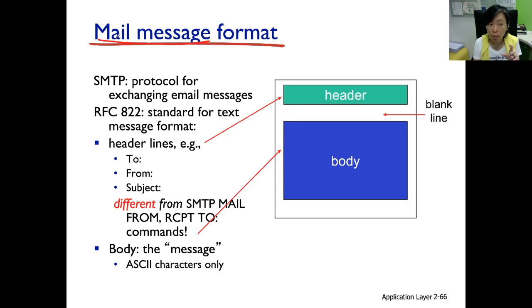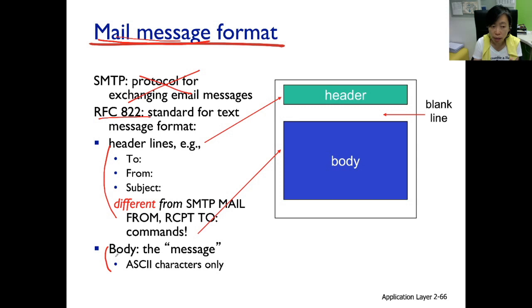So the mail messages here we're talking about is the content being sent in the data phase. These messages are not control messages for SMTP, so they are not SMTP. The mail message format is actually defined in another RFC. It's another protocol.